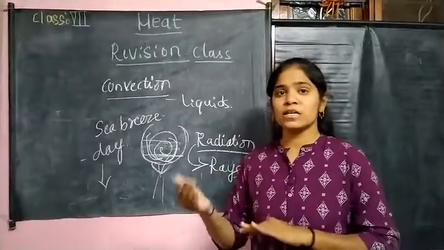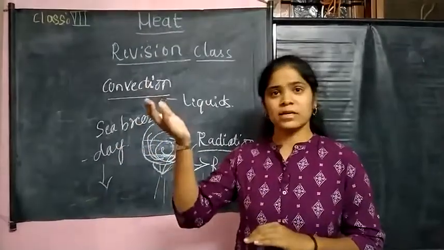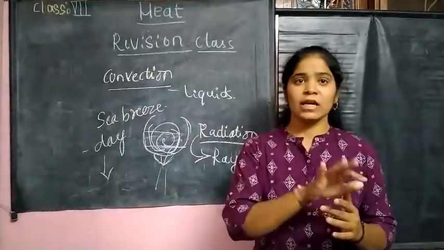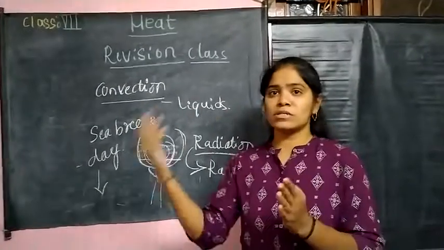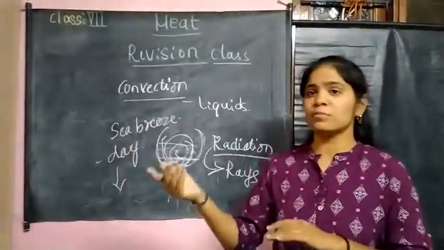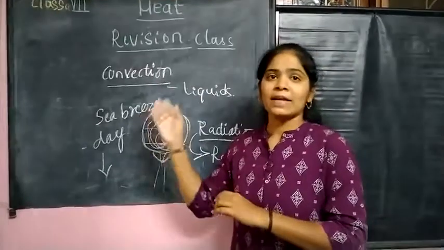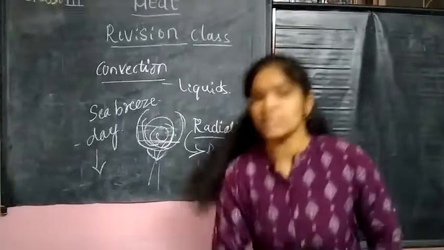So in this case, what happens? The air on the land side rises up and moves towards the sea, and the cold air moves towards the land. So the cycle between the land and the sea is continuous here. So this process we call a sea breeze.